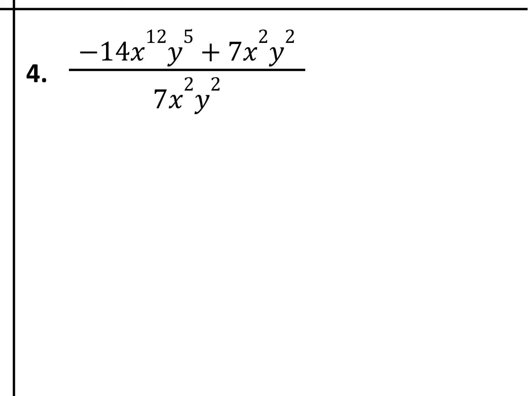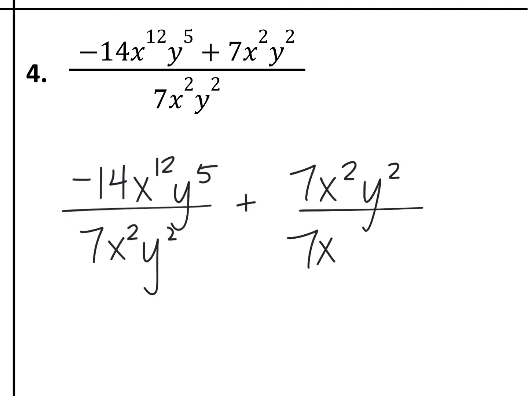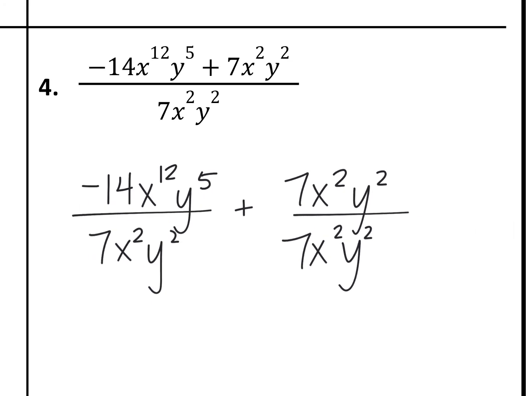Break it up. You should be able to do this hopefully by yourself. Each term gets divided by 7x squared y squared. If you divide negative 14 divided by 7, you get negative 2.